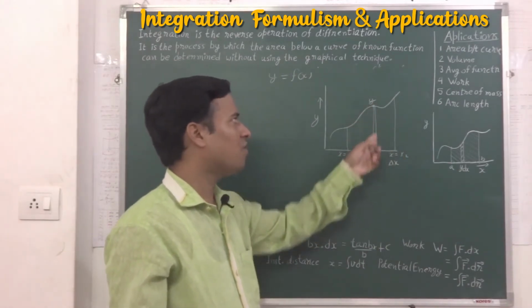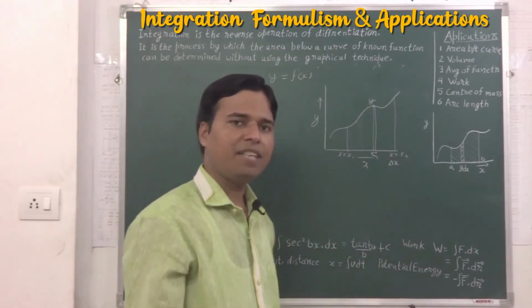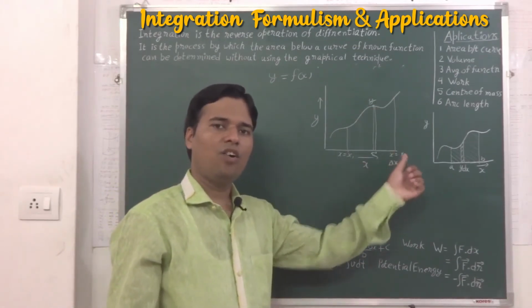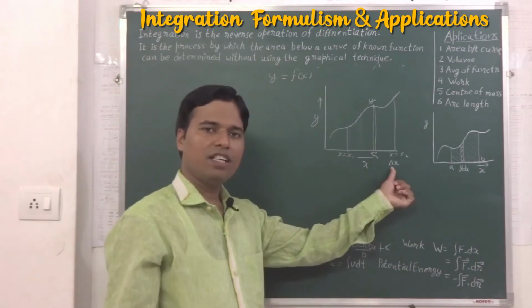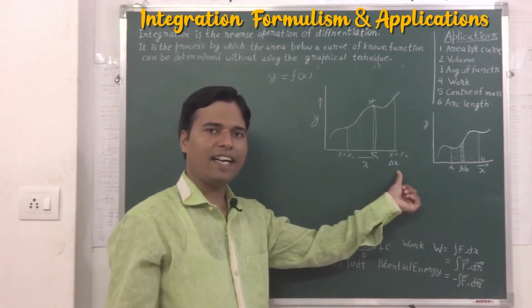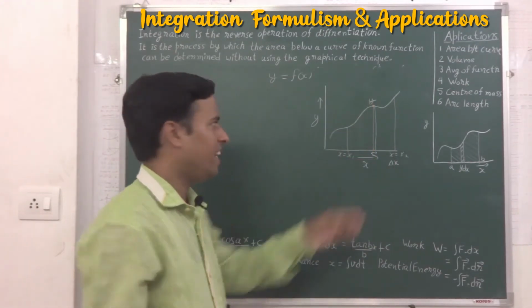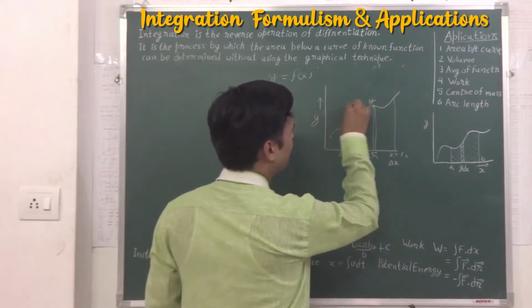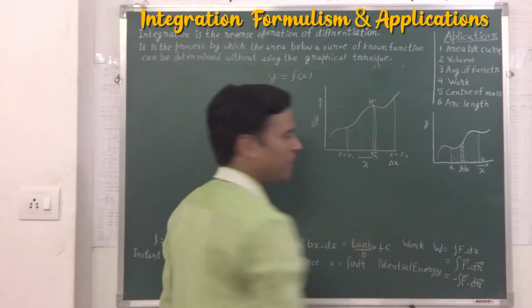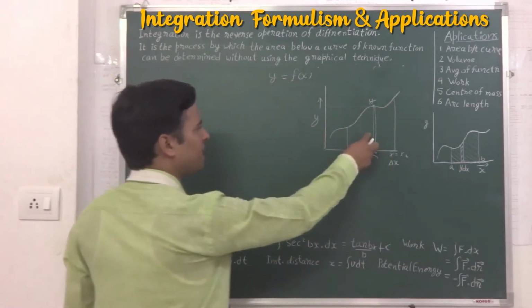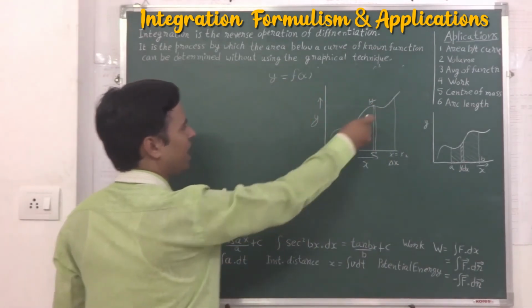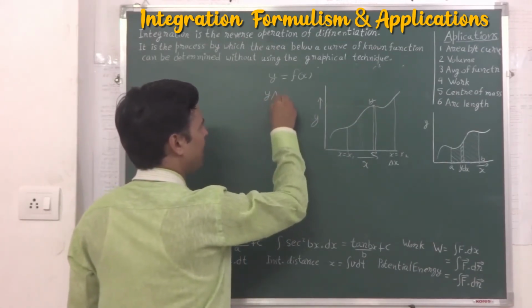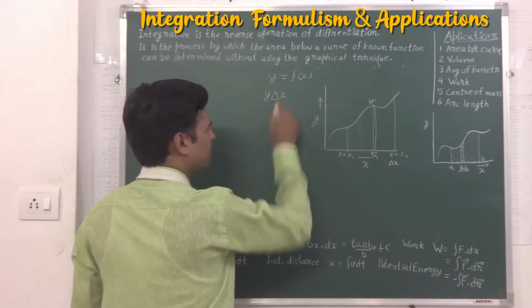Then the area of this single strip can be calculated by the area of a rectangle. Its width is delta x and height is y, because at this value of x, y has this value, so you can write the area of this single strip as y multiplied with delta x.